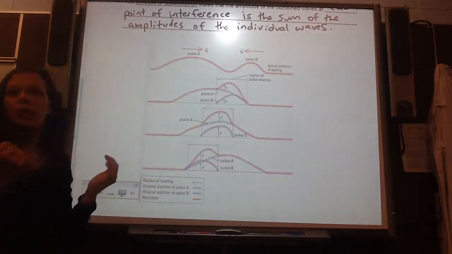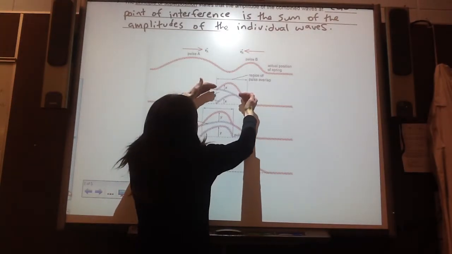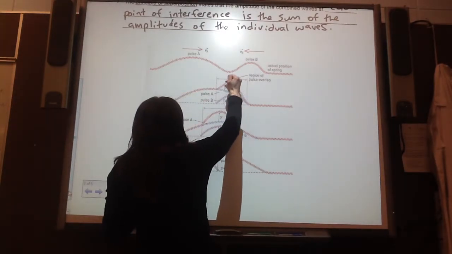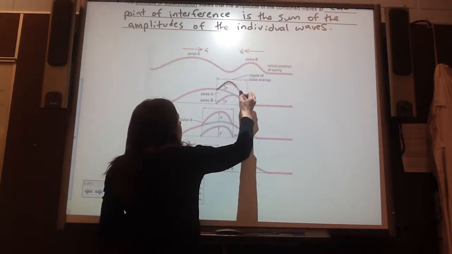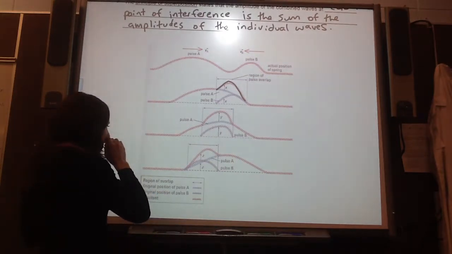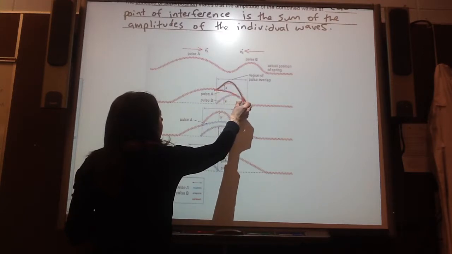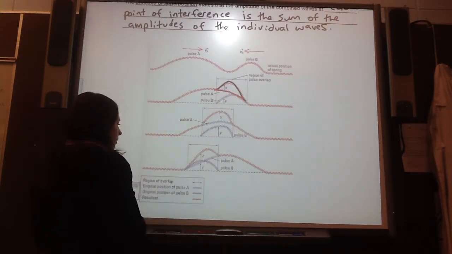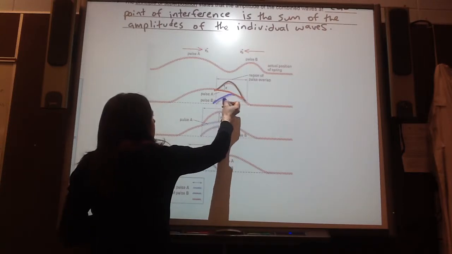So they're actually two different sized waves. Now as they meet, this is the region of pulse overlap. So this is going to be the actual wave when those two meet and come together. The original position of A is right here, in the red. And the original position of pulse B is right here.